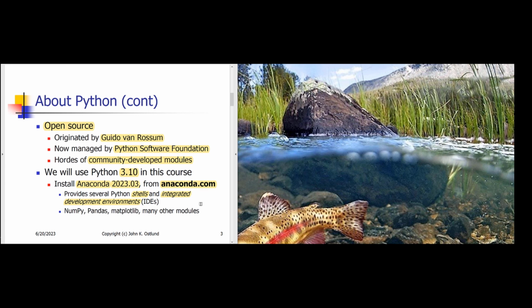Okay, so these integrated development environments are generally referred to as IDEs. In addition to these shells or interpreters and these IDEs, Anaconda also comes with a tremendous number of additional modules, including NumPy, which we will have time to get to toward the end of our class, as well as pandas, matplotlib, and tons of others that are beyond our scope.